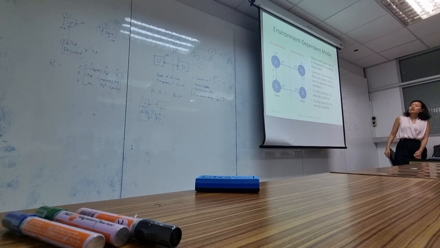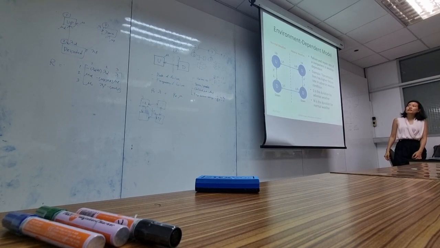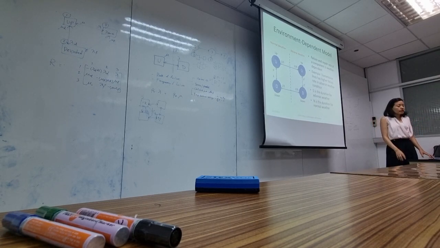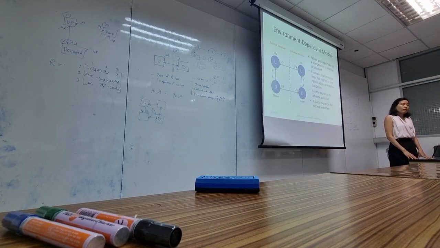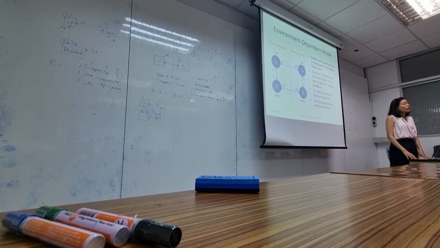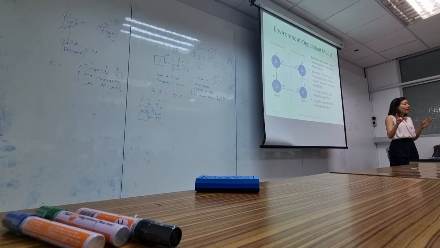This, however, is quite common because it's an environment dependent model. You see that for lightning areas, for example, throughout the whole year, if you look at your failure data, you will see that during the monsoon or the rainy season, you will have higher chances of lightning strikes, and the components are likely to fail more as well.